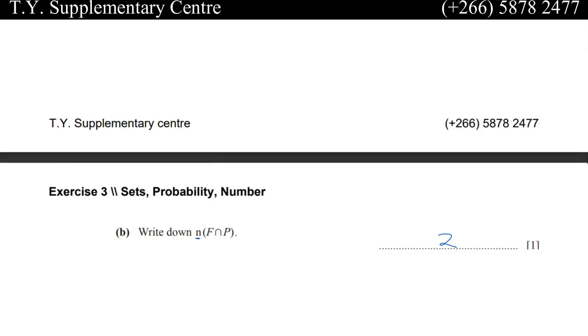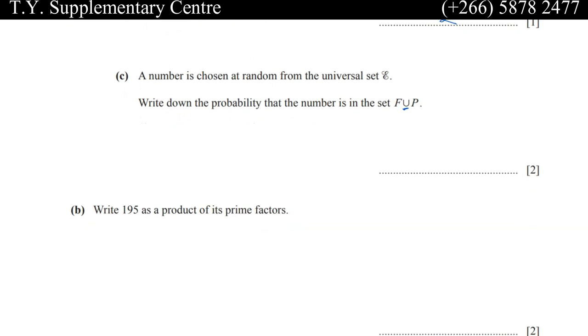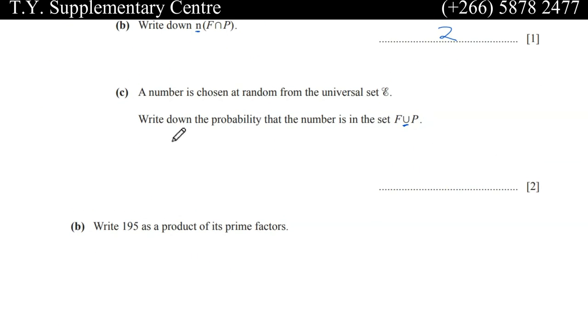So to answer this question about probability, write down the probability that the number is in the set F union P. So the number of elements in F union P is 8 elements.